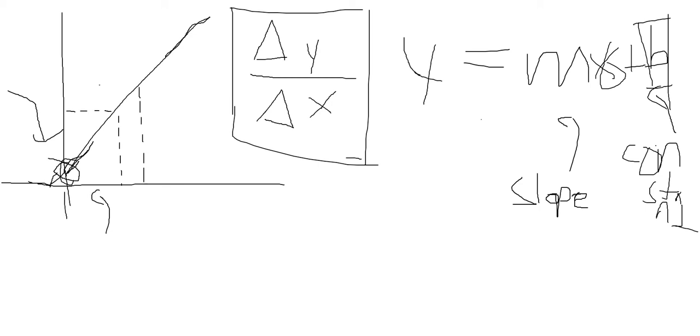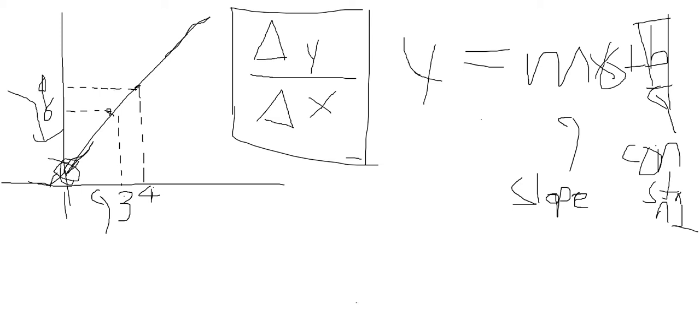Let me dash this line. Okay. This here is 3. And this here is 6, and in a sudden jump it becomes 4 and 9.